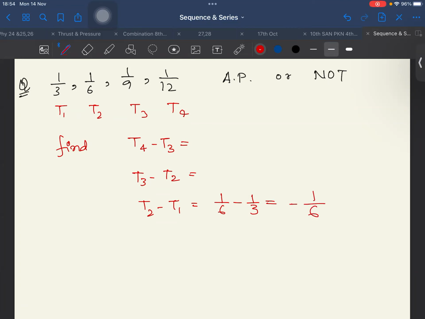Find T3 minus T2. Minus 1 by 18. Minus 1 by 18. Okay. T4 minus T3.